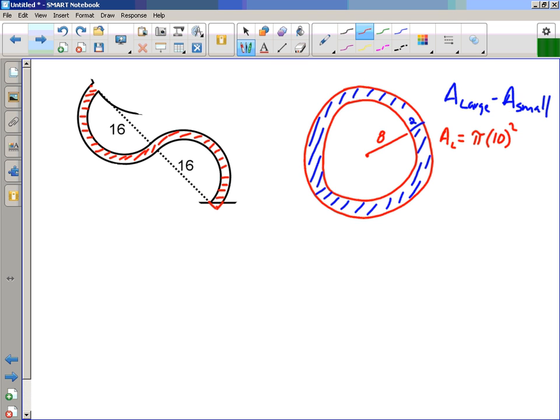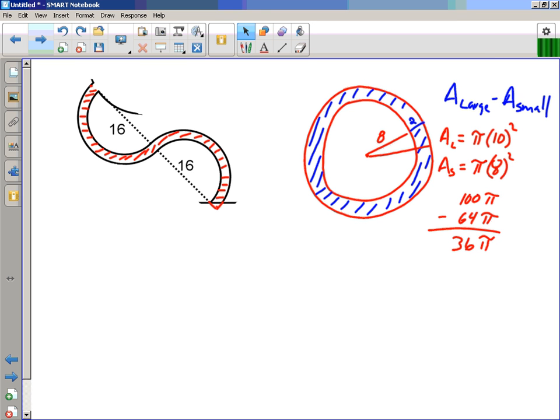Well, that was the total 8 plus 2 to get that length 10. And then the area of the small equals pi times 8 squared. And so when I subtract that, I'm going to end up getting 100 pi, that's 10 squared pi, and 8 squared is 64 pi. And I subtract those, and I'm going to get 36 pi. 36 pi for the area.